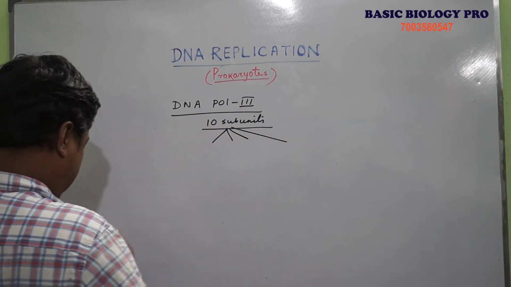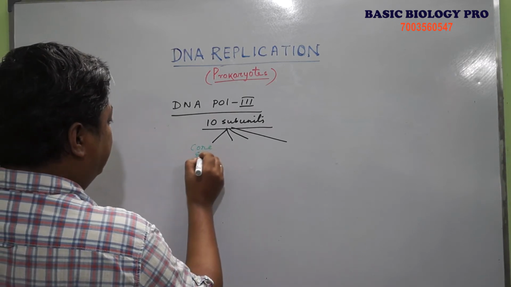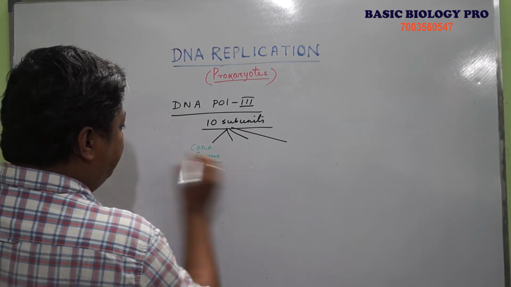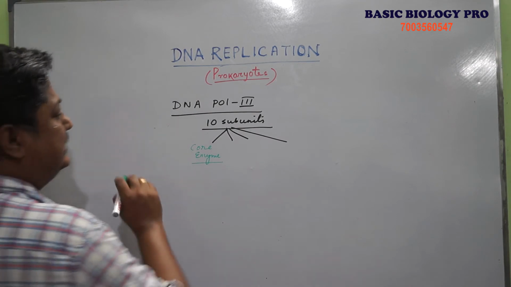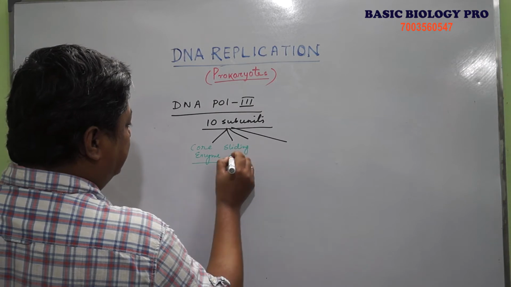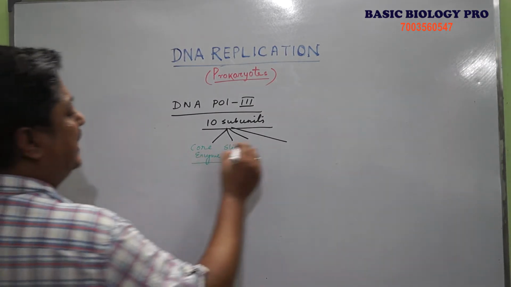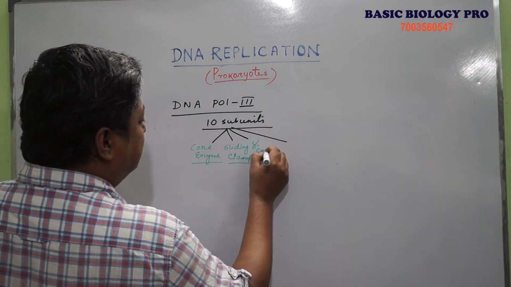The first part is known as core enzyme. Second part is known as sliding clamp. Third part is known as gamma complex.